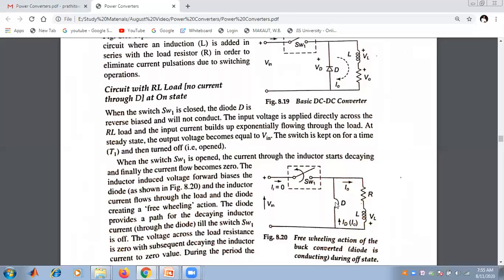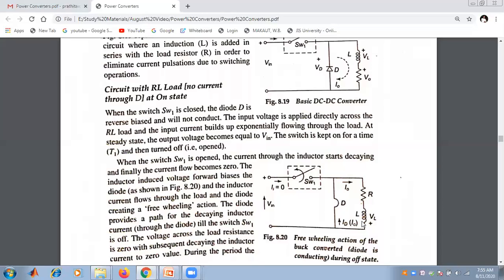So the P portion is positive and the N portion is negative. That means the diode is in forward bias and it will act as a closed switch and provide the path for the current through the inductor to flow.